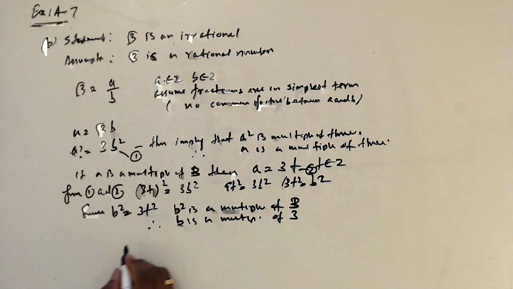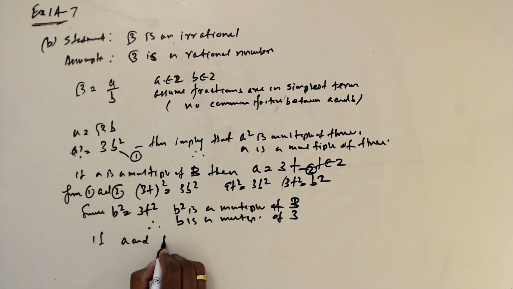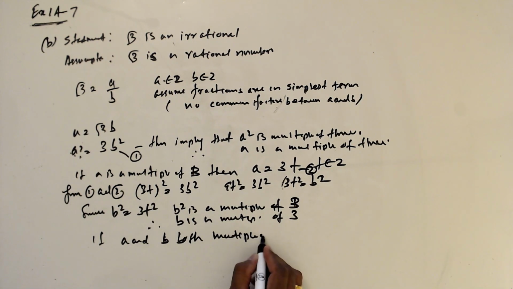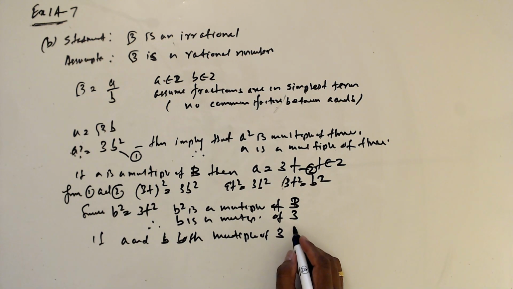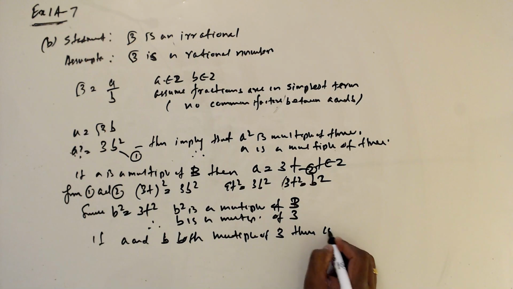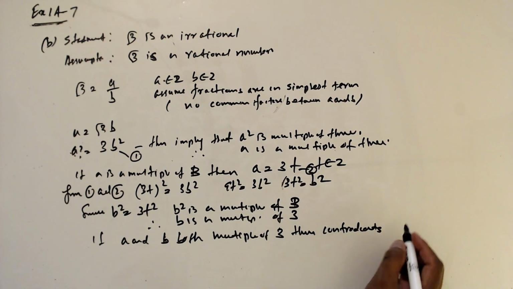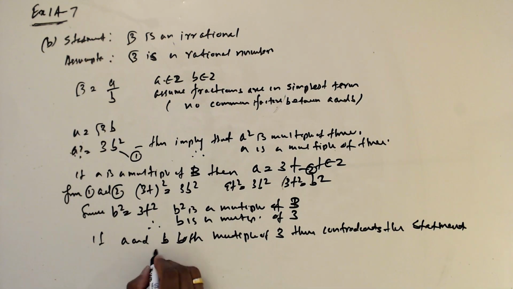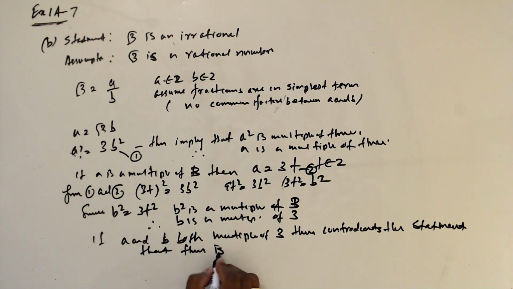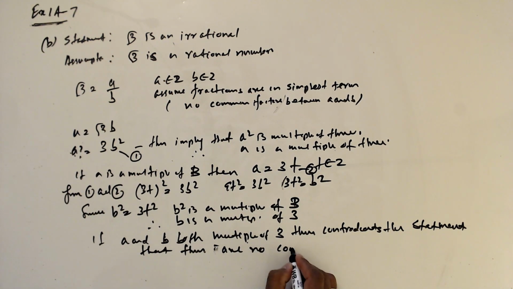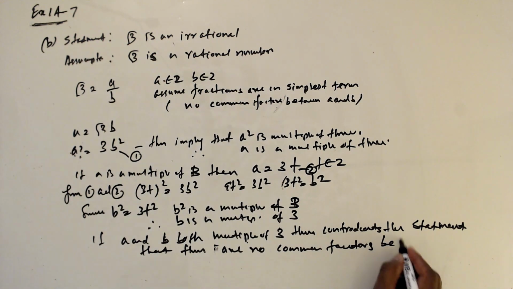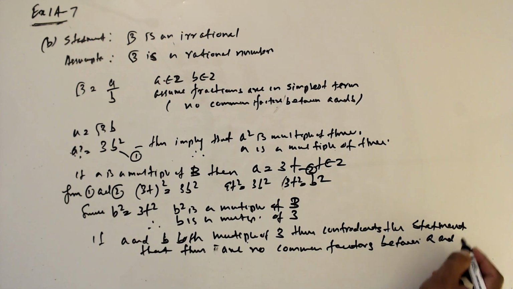Hence, from part A, b is a multiple of 3. Then if a and b are both multiples of 3, this contradicts the statement that there are no common factors between a and b.